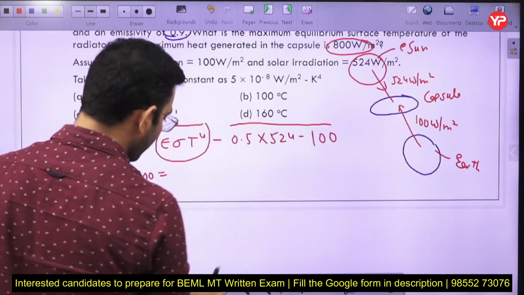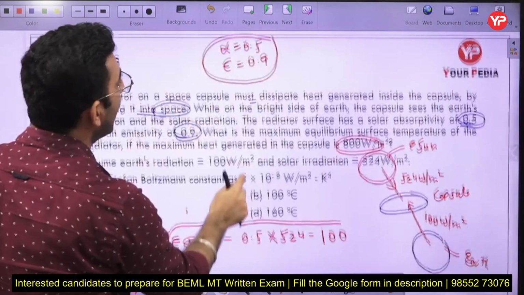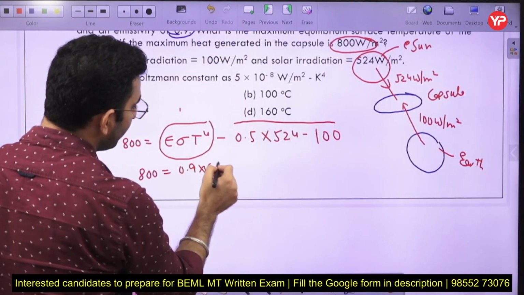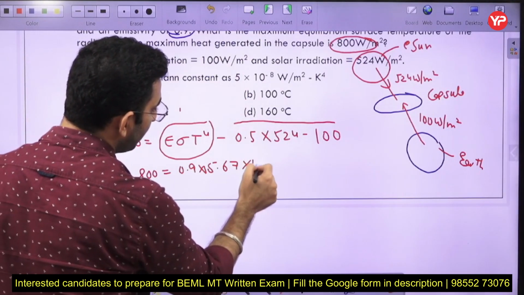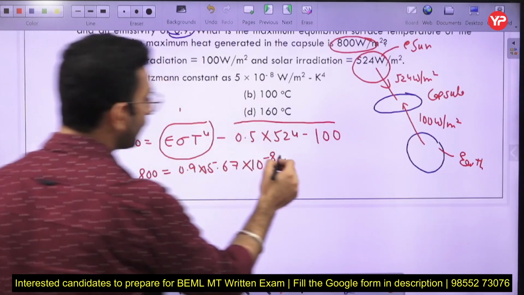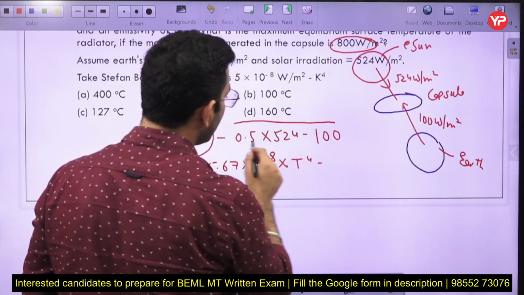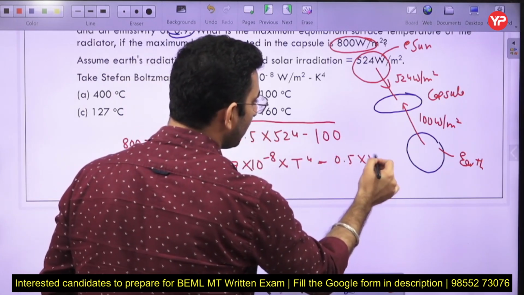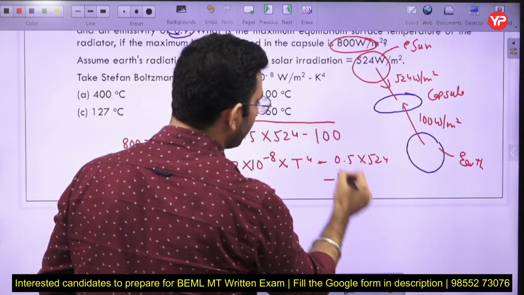After putting all the values into this expression, you are going to get the final answer. Epsilon is given to you, 0.9 here. Stefan-Boltzmann constant is 5.67 into 10 to the power minus 8. Temperature we have to calculate here. And this is absorptivity multiplied by 524 minus 100 here.